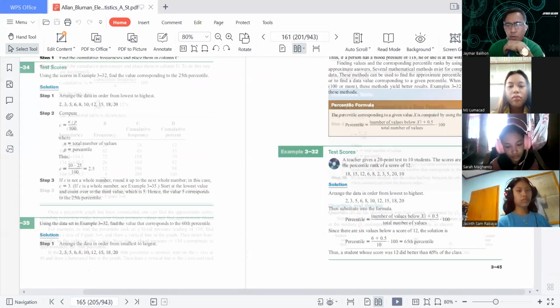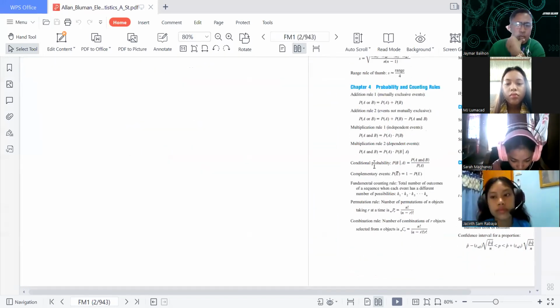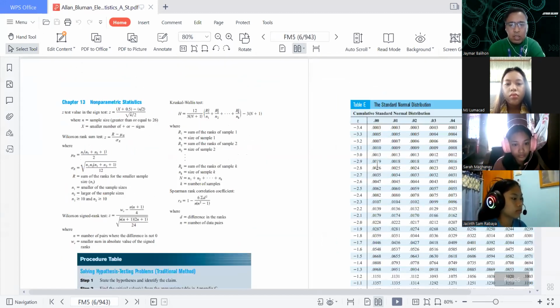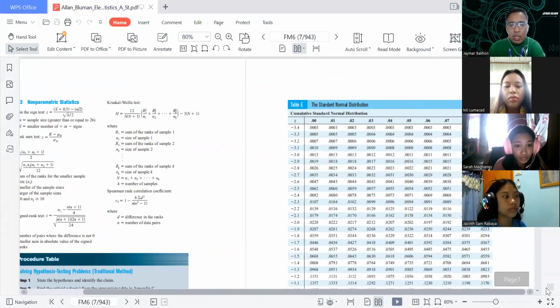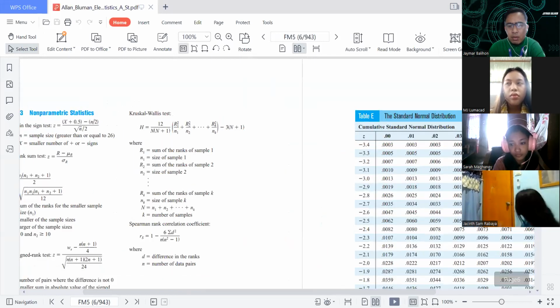Let me adjust it first. Okay. And before that, as I mentioned a while ago, you should have your normal distribution table, standard normal distribution table, and your calculator. Let me zoom it out a little bit. Okay, there.